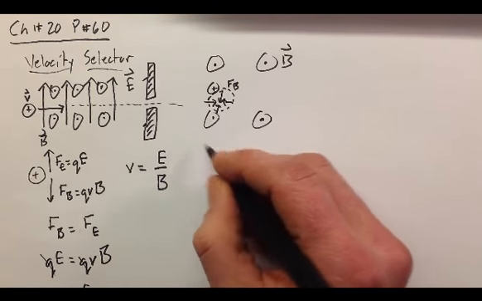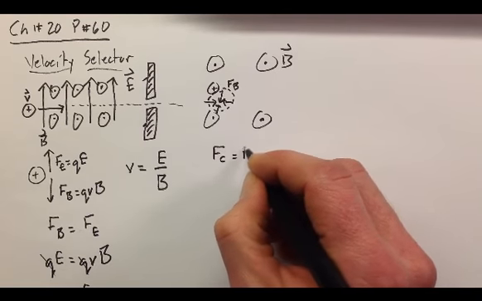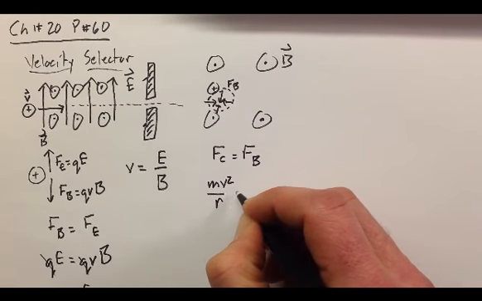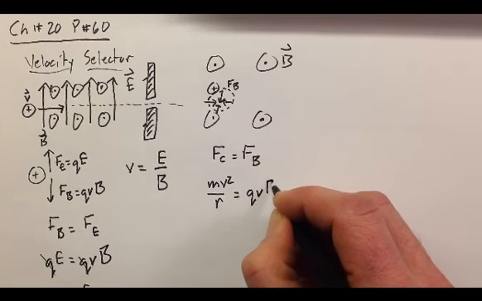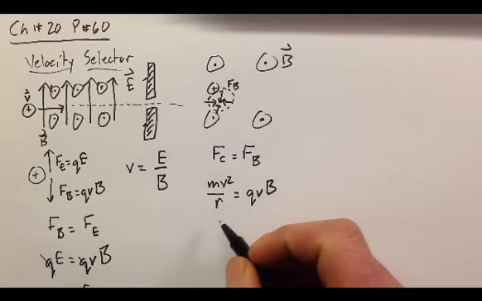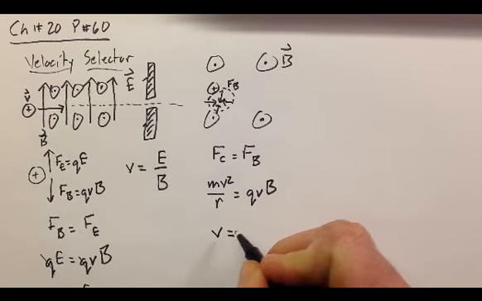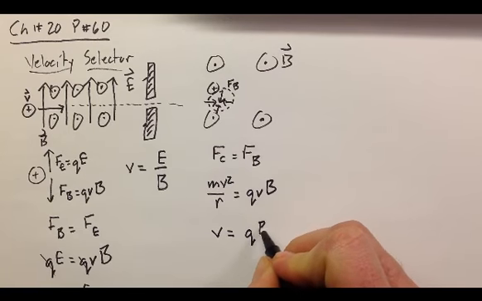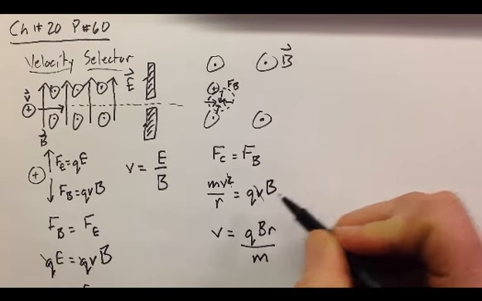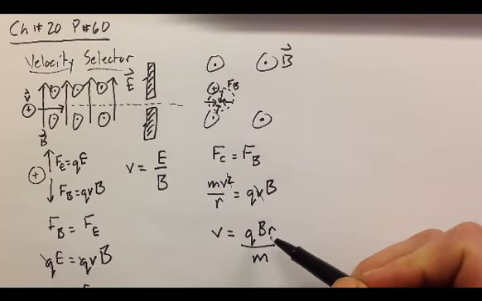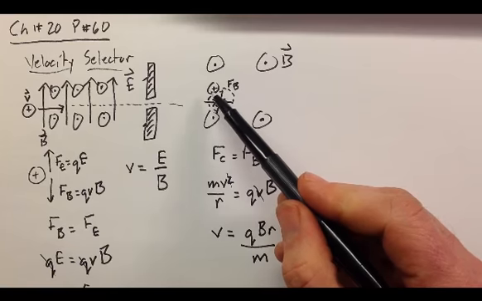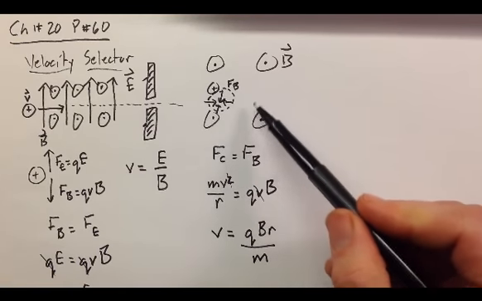And since it's moving in a circle, we could say that there's a centripetal force acting on it, and that mv squared over r is equal to qvB. Or, if I rearrange this a little bit, we would find that the velocity of the particle is equal to qBr divided by m. Let's see if that's right. So that square cancels with that. Yep, that looks right.